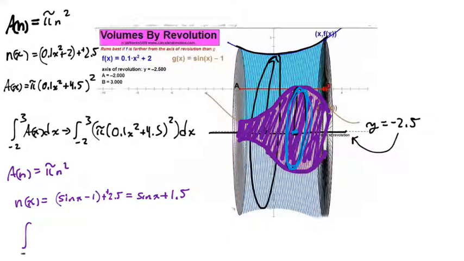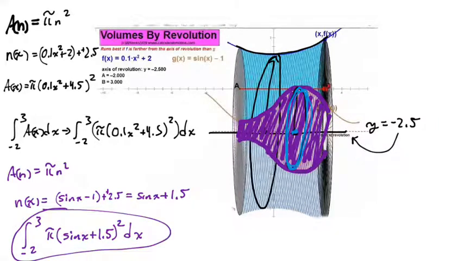So we're from negative 2 to 3. And then we have pi, what's the r again? Sine x plus 1.5 squared dx. So what did we just find right here? The vase. That's the volume of this vase-looking thing.